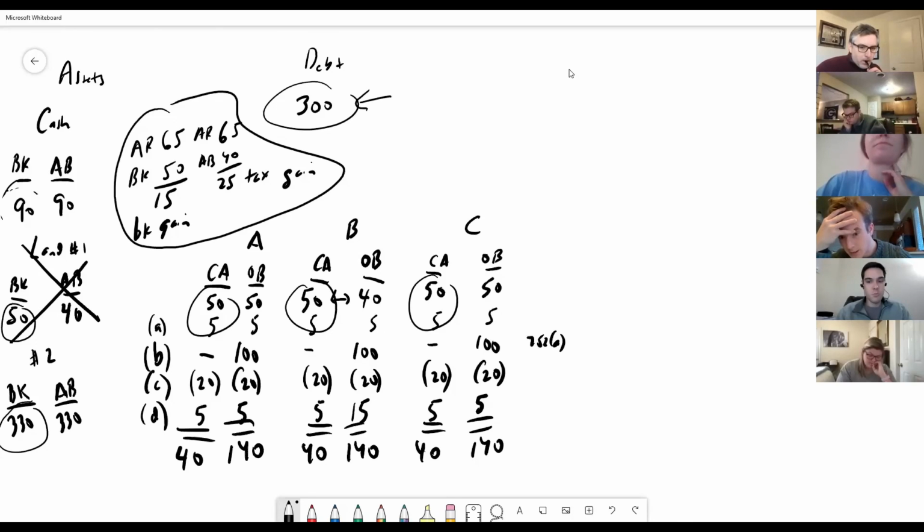Our aggregate inside basis is also 420. And our aggregate outside basis is 420, which again, that is commonly the case, but not always. And we no longer have any book tax disparity here. We've resolved that with B. The reason why our capital accounts and outside bases are different is because of the debt went in the outside basis, but not in the capital accounts.